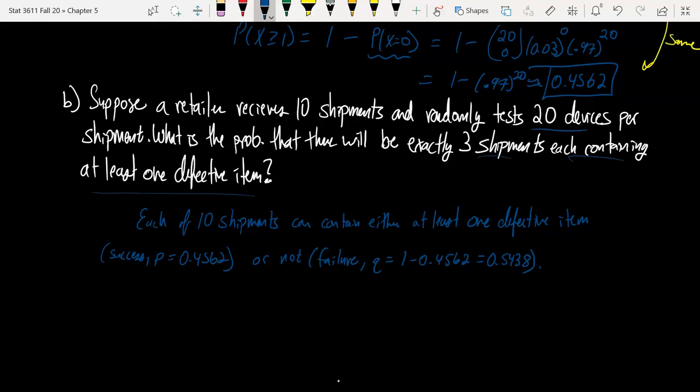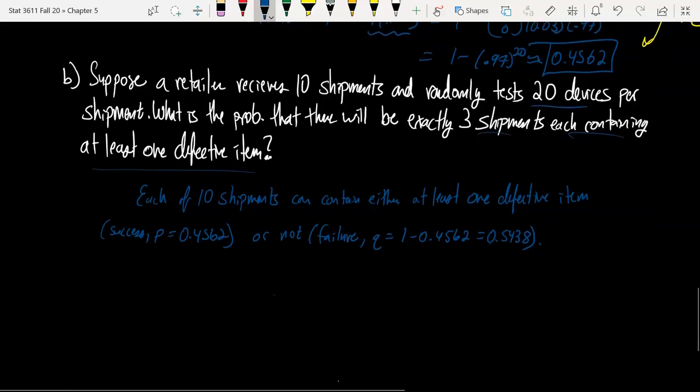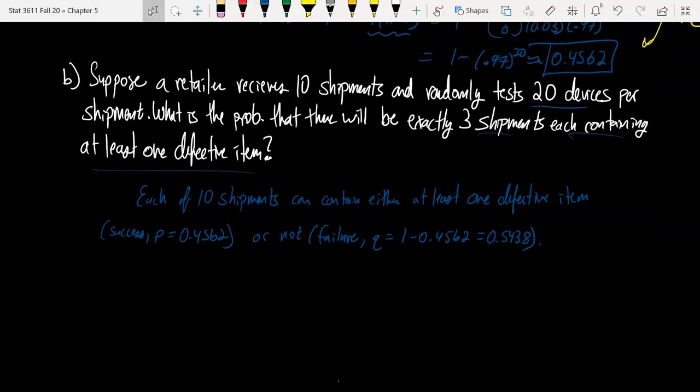Now this is really just another binomial distribution. I'll use the letter Y here just so I don't reuse the letter X. We want the probability of getting exactly 3 of the 10 shipments, so 3 successes out of 10 with success probability 0.4562, whatever notation you're more comfortable with. I tend to just work with the probability that Y equals 3.